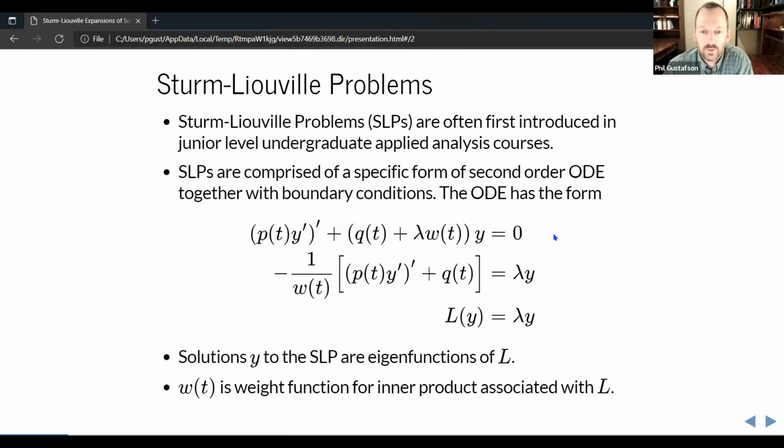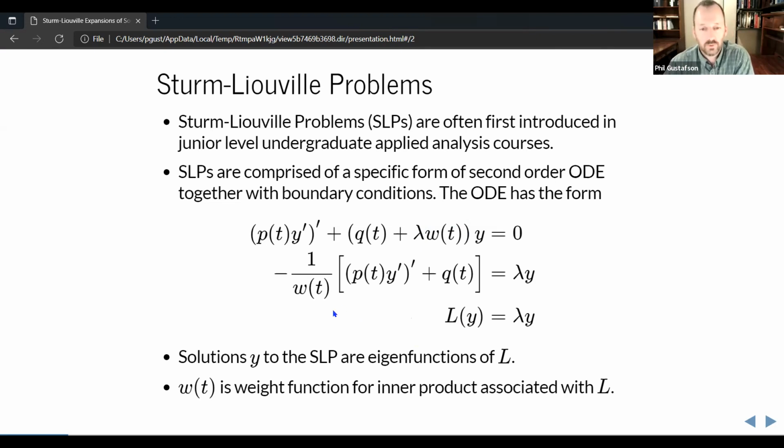If you rearrange that first line of the differential equation, you can re-express it as an eigenvalue problem for a linear operator, where we bring lambda y to the right side and divide through by negative w, and so forth. And so L would be everything on the left.